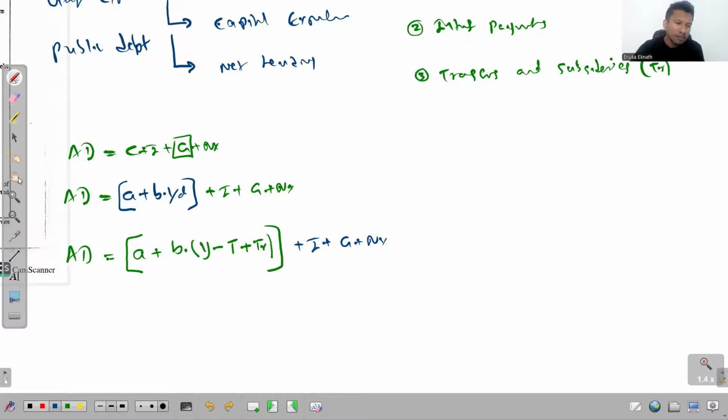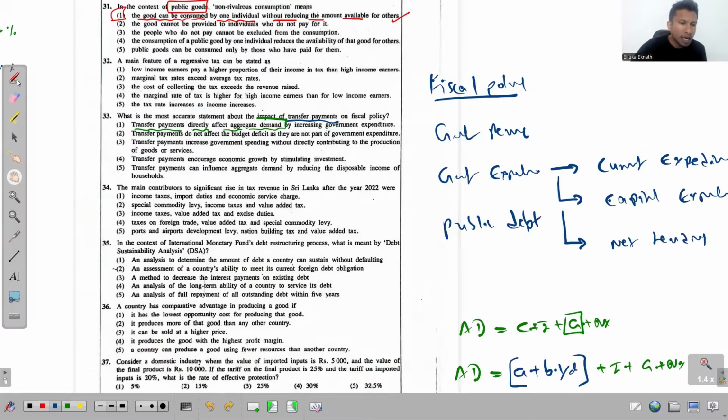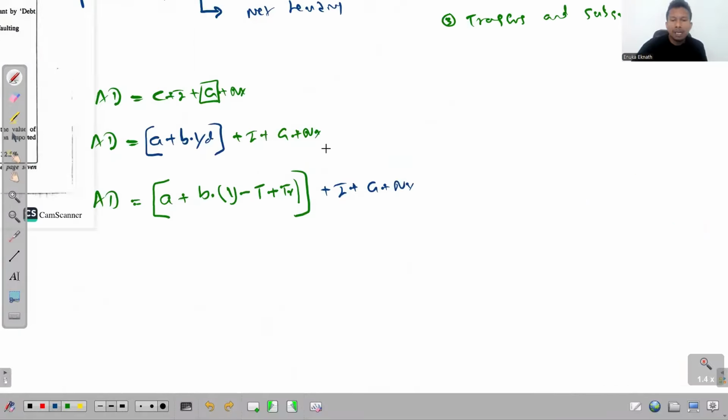So what's the difference between direct impact and indirect impact? Now the first option talks about the direct impact of transfer payments. So let's see whether this is true. Imagine that government purchases change. When government purchases change, yes, it creates a direct impact on aggregate demand, because that is one of the main components. But just imagine that transfers change. When transfers change, initially disposable income changes.